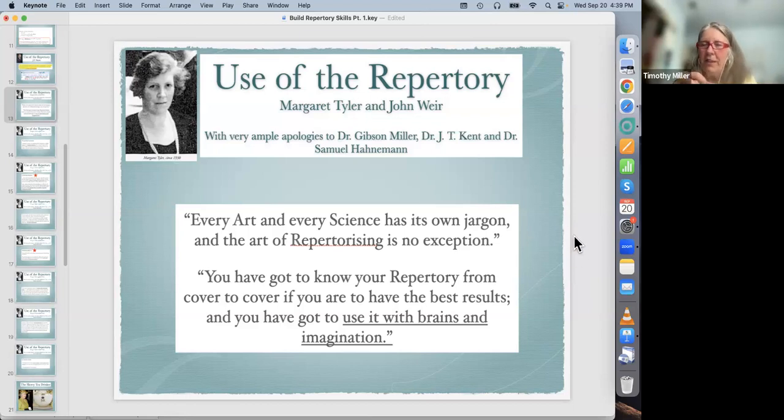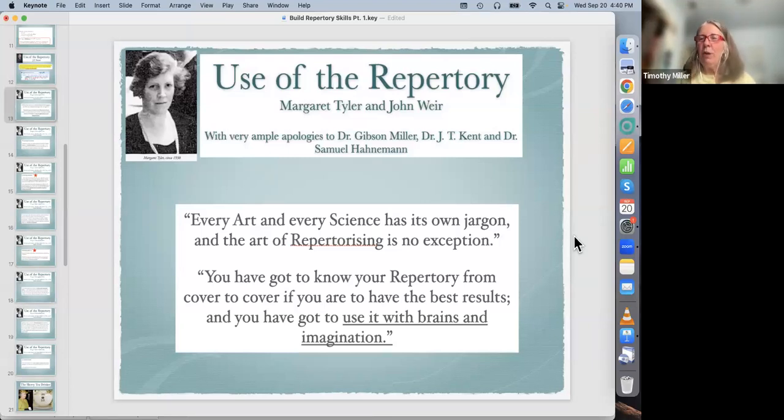Every art and every science has its own jargon, and the art of repertorizing is no exception, right? She further says, you've got to know your repertory from cover to cover if you are to have the best results, and you've got to use it with brains and imagination. So this is the challenge.